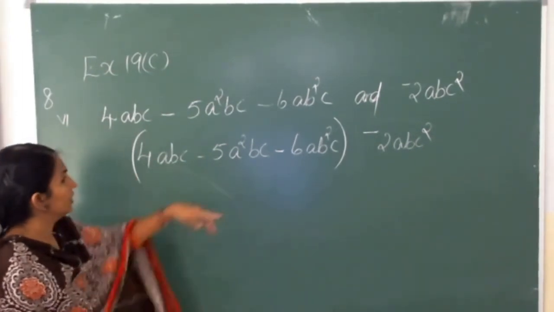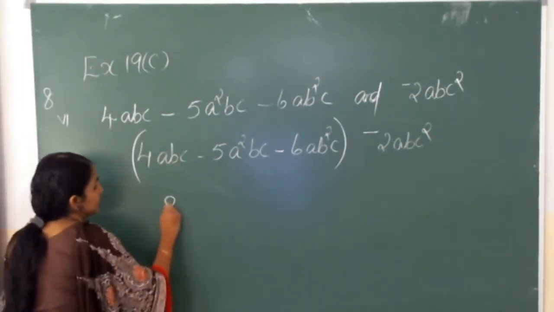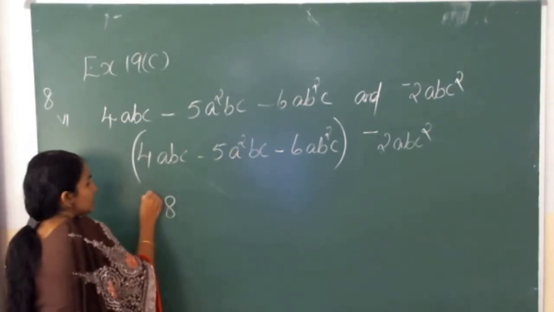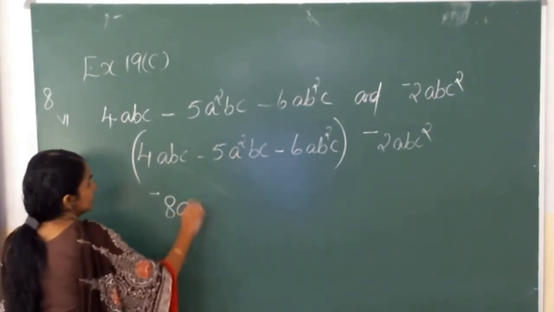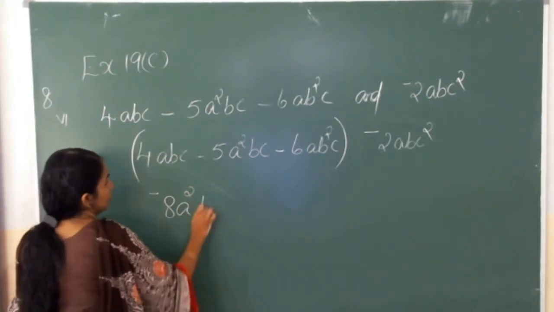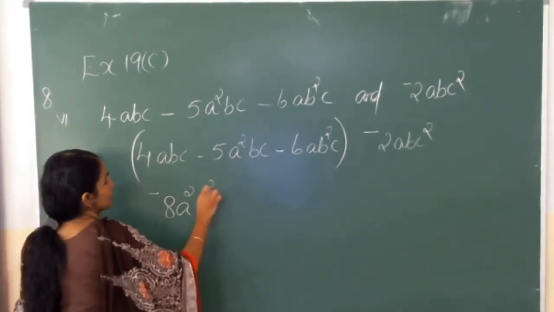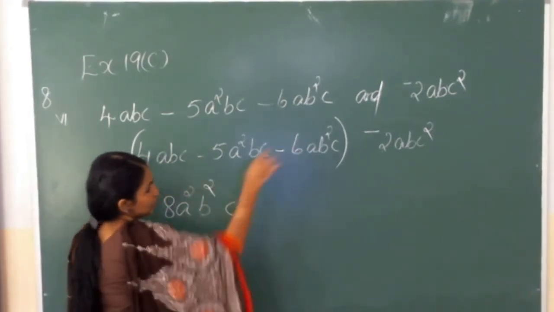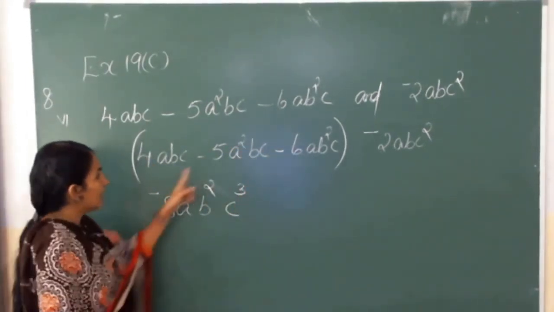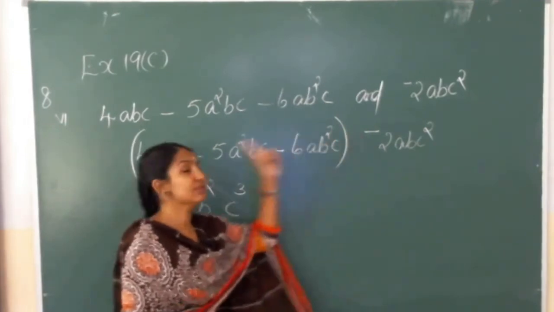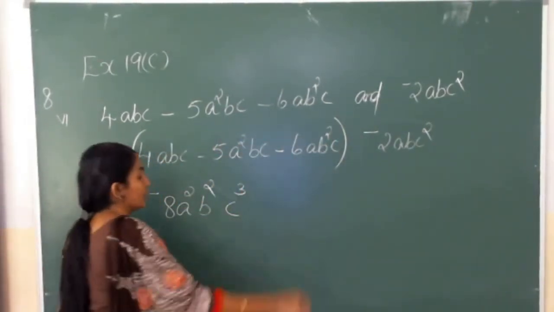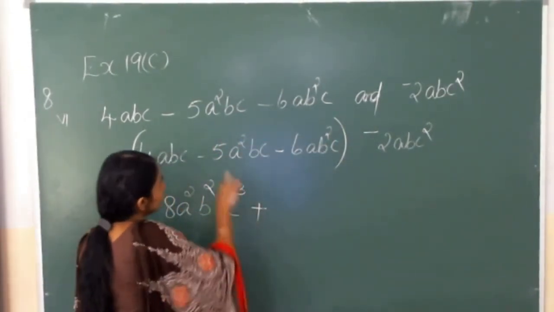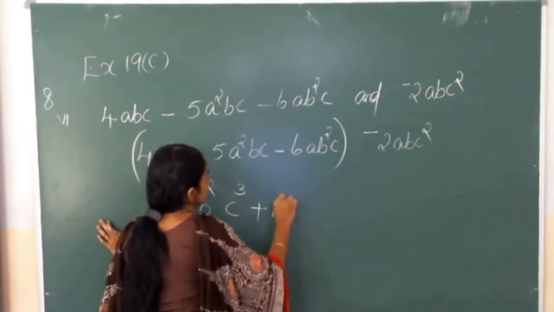Now, let's start. 4 2s are 8, negative into positive, negative. A raised to 1 plus 1, 2. B raised to 1 plus 1, 2. C raised to 1 plus 2, 3. Now here negative sign, here also negative. Negative into negative, positive. 5 2s are 10.